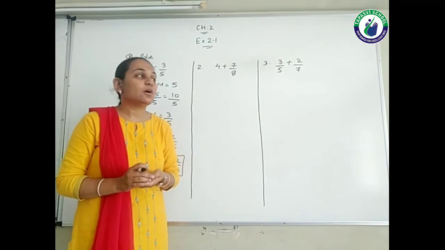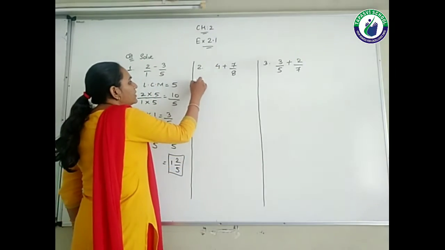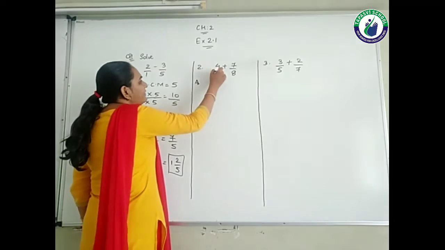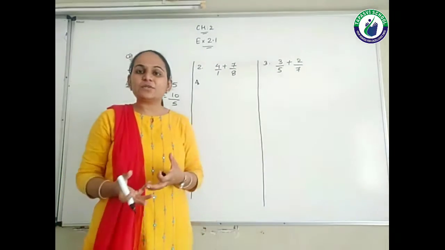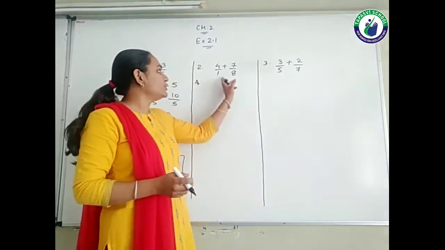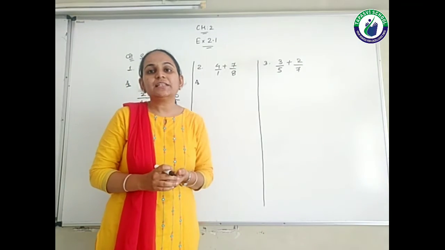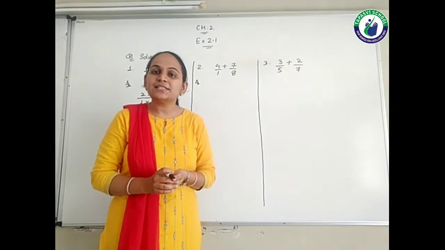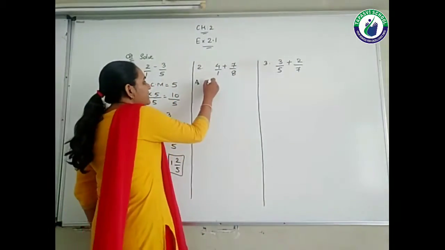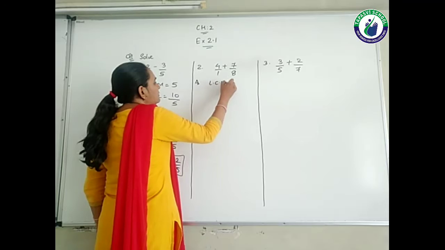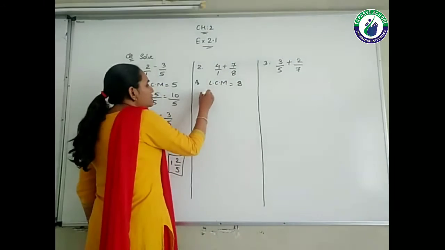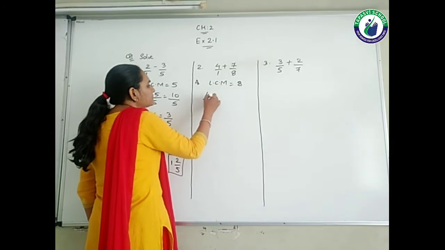4 plus 7 upon 8. Here also, we don't have anything in the denominator, so we will write it as a 1. If you can see both the fractions, there is one number that is 1, another number is 8. So we will consider the LCM of both of these as 8. So 4 upon 1.